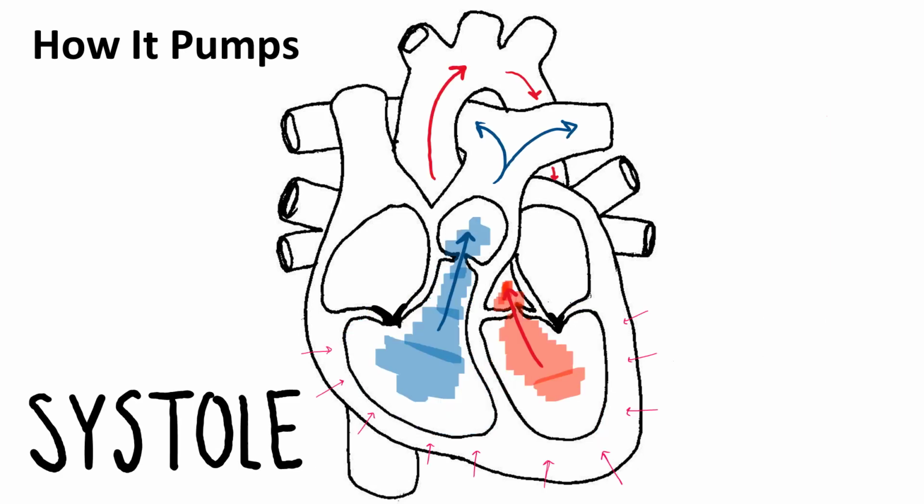Systole is the time between S1 and S2, and it includes the ventricular contraction. Deoxygenated blood is going to move into the lungs through the pulmonary arteries from the right ventricle, and on the left side, blood is going to move over the aortic valve out through the aorta to the body, through the brachiocephalic artery to the right side of the body, and through the left common carotid and left subclavian to the left side of the body, and down through the descending aorta to get to the lower extremities and trunk.